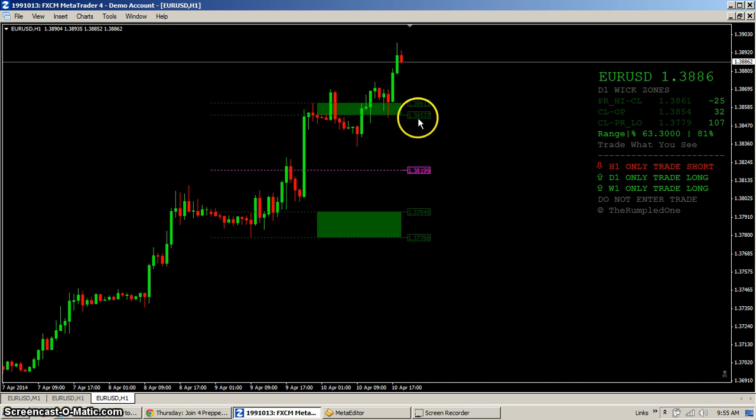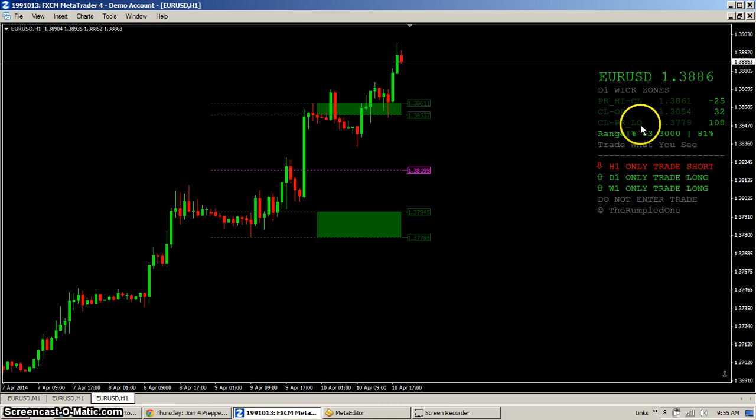Right here is the close of yesterday, but it also happened to be the open of the 24-hour period that we're looking at today. Usually the close and the previous close and open are about the same, except on the Friday to Monday gap.